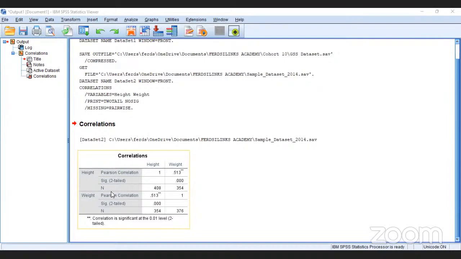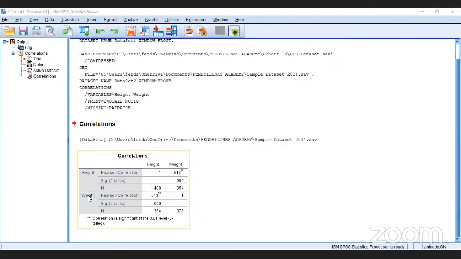So in that light, since correlation is symmetric — symmetric means we have equal on both sides — that's why SPSS gives us both the upper part and the lower part with the same thing. If we take weight first, we have the same results. If we take height, we have the same results. You get it?